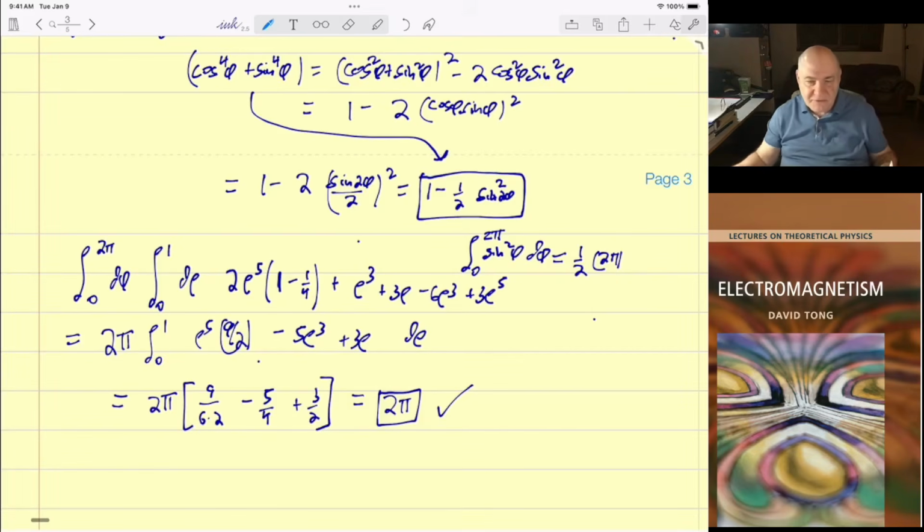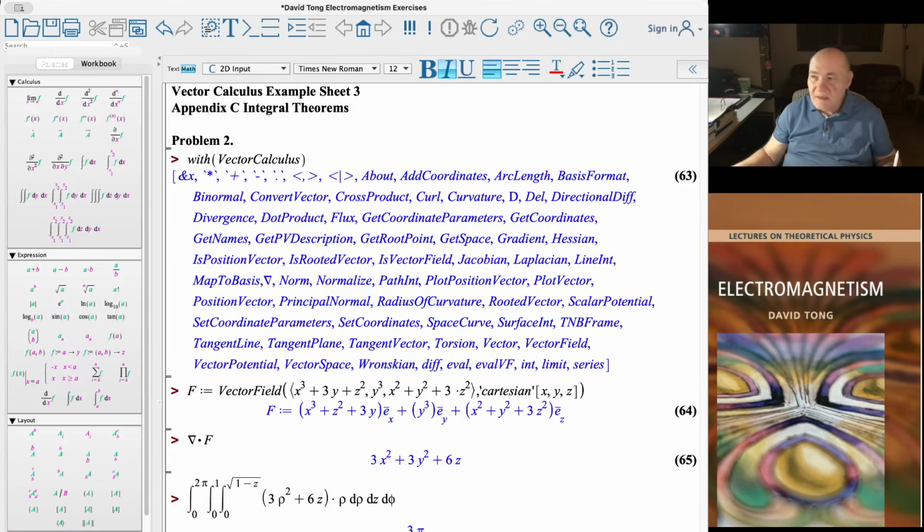And now I'll just show you how to use software to do this. Much easier. With software, we use a package.